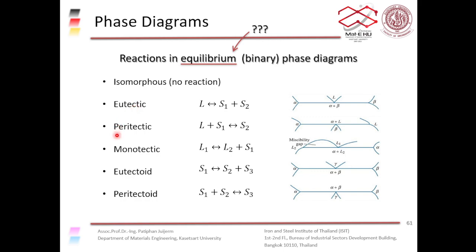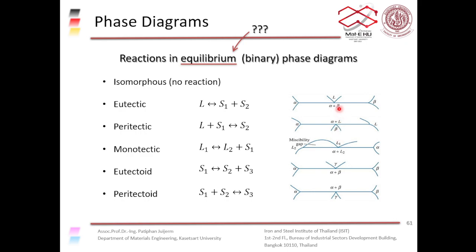A peritectic reaction is when a liquid reacts with solid 1, turning into solid 2, right? So at this point here, you get liquid plus solid 1, which is alpha, turning into beta upon cooling, right?